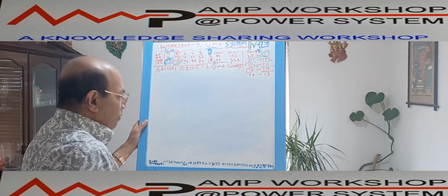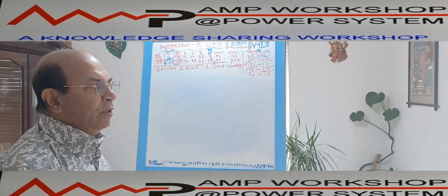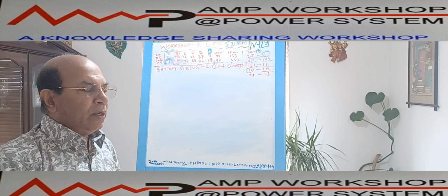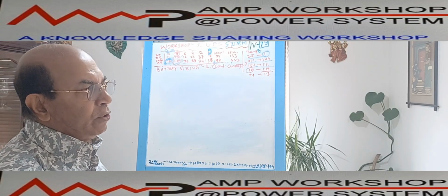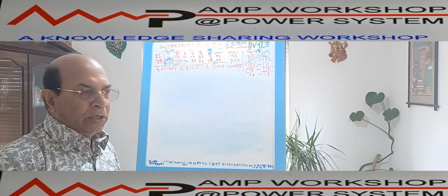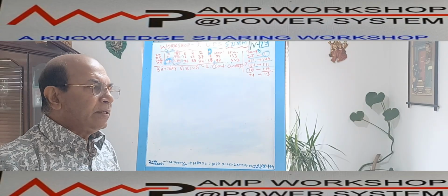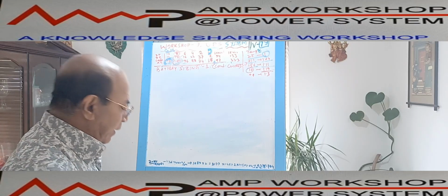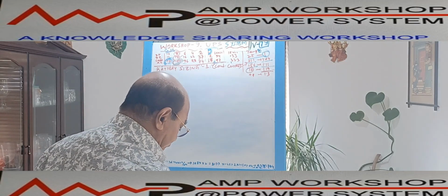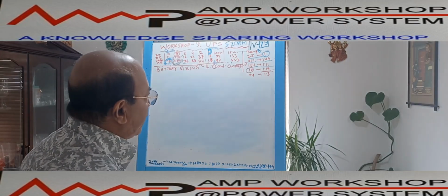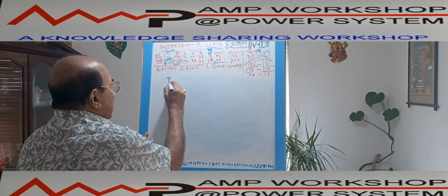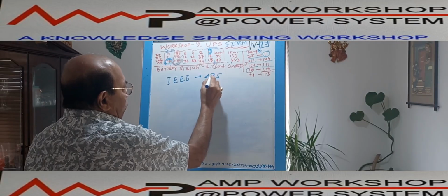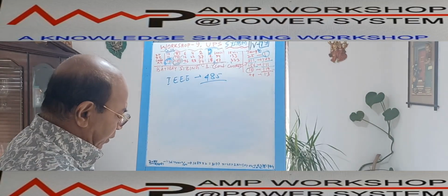Now, when we discuss the battery requirement, we need to know a couple of parameters from the battery manufacturer, because we do not have those parameters in our hand. There are a couple of standards. The standard which we mainly use for battery sizing is the IEEE standard, IEEE 485, which we follow for the battery sizing calculation.